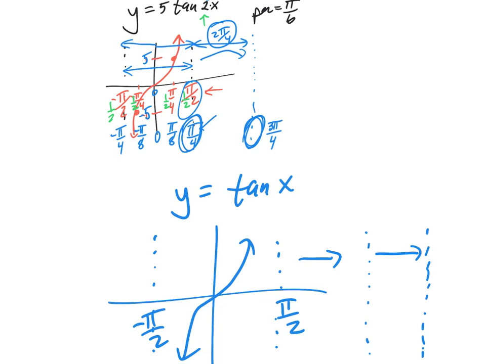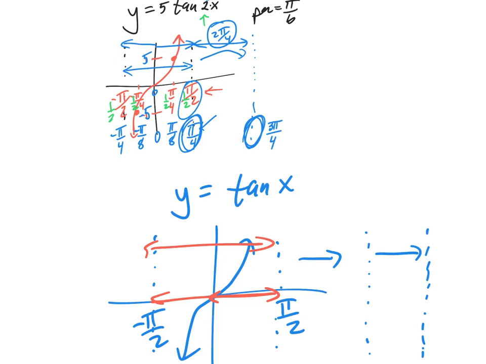Okay, so how far apart are these things? Kids that don't understand this are just going to keep adding pi over 2. But you're actually asking, how far between asymptotes? Pi over 2 plus another pi over 2 is 2 pi over 2. That's how far apart the asymptotes are. So 2 pi over 2. That is the same as pi.